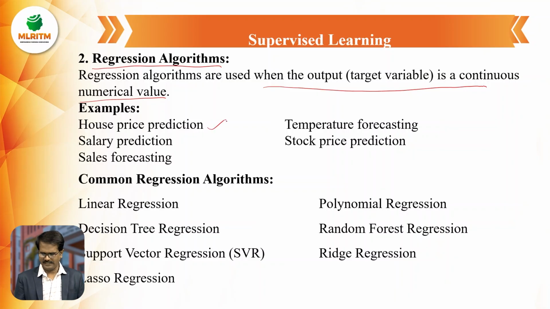Examples are house price prediction, temperature forecasting, salary prediction, stock price prediction, and sales forecasting. These are some examples of regression methods. Common regression algorithms are linear regression, polynomial regression, decision tree regression, random forest regression, support vector regression, ridge regression, and lasso regression. These are the different types of regression algorithms.